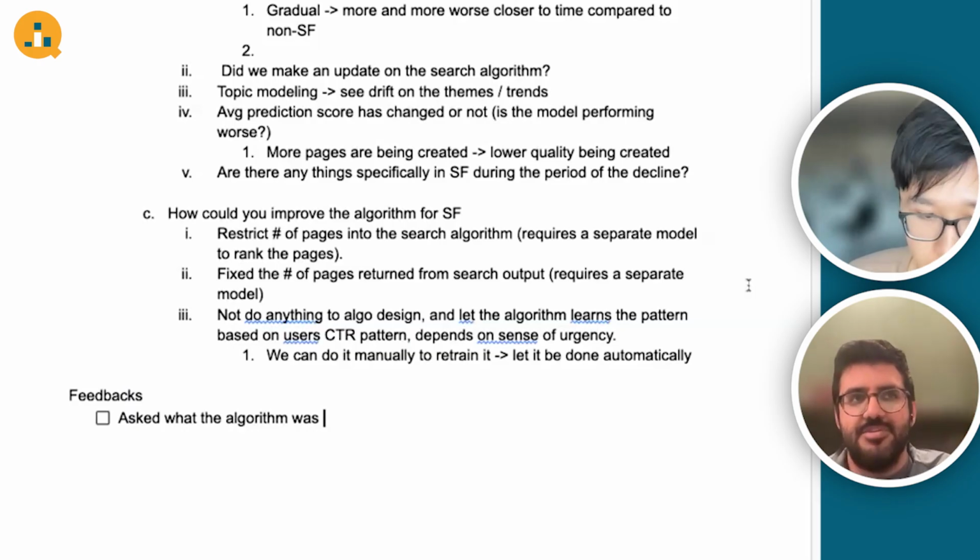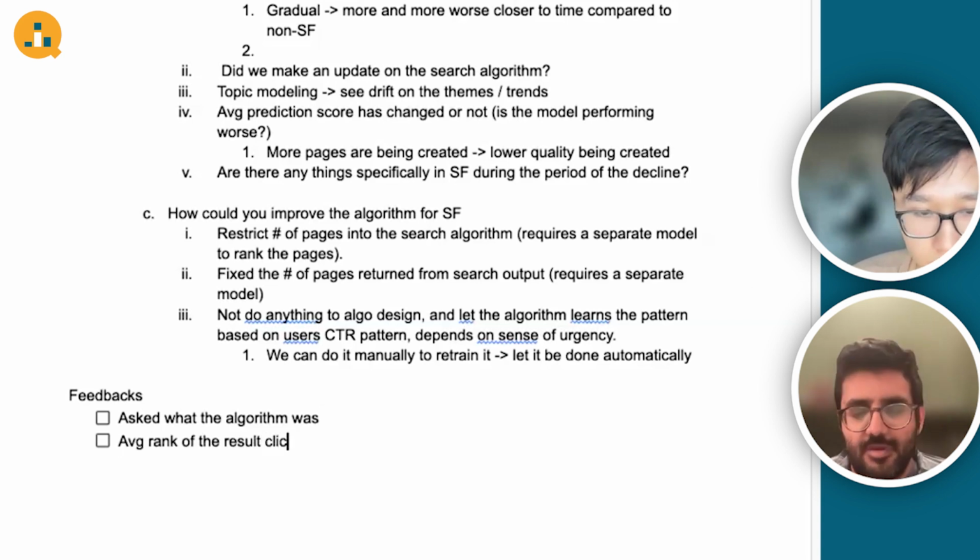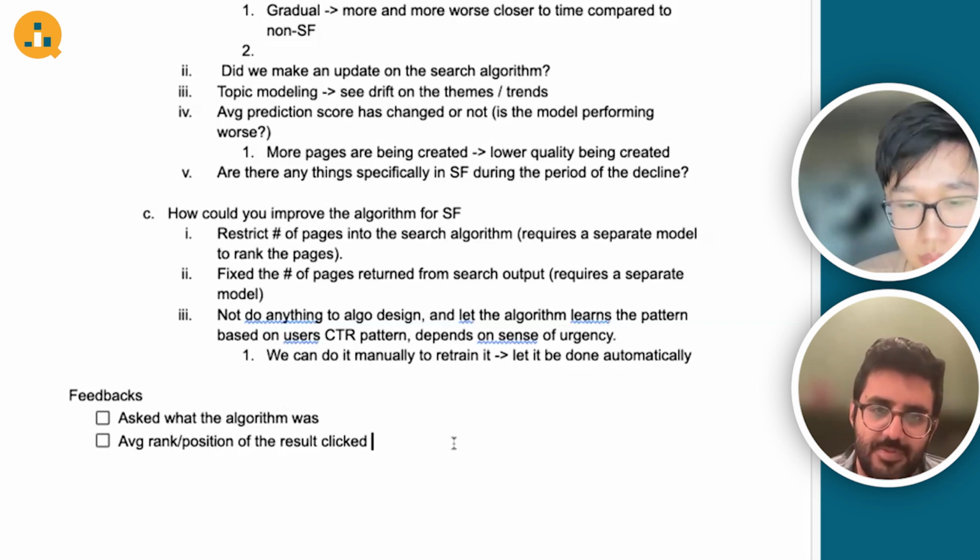That would give a measure of effort in a way, because if someone has to go through many results, then they're potentially putting more effort in. So that's one other thing. But otherwise I thought it was really good.